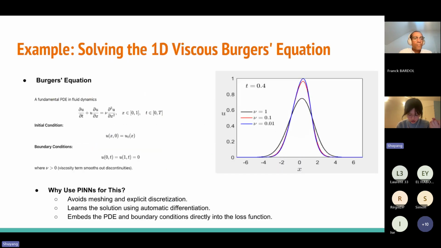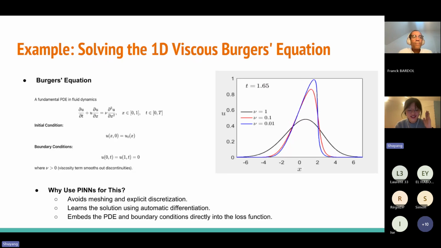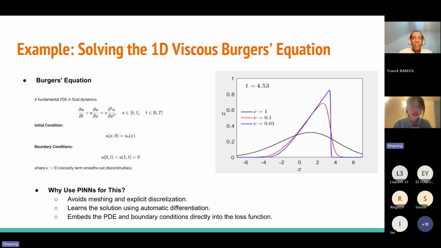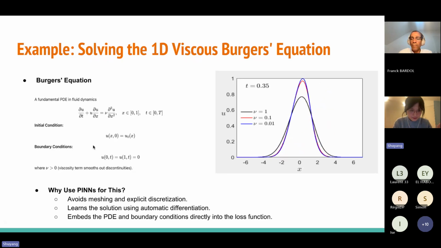So I hope it's clear, but if it is not clear enough, I think you can be clearer with the following example. This example uses PNNs to solve a 1D viscous Burgers equation. It looks like this, the 1D Burgers equation.